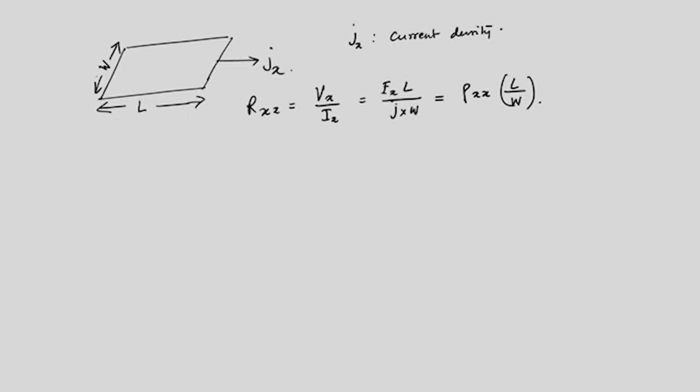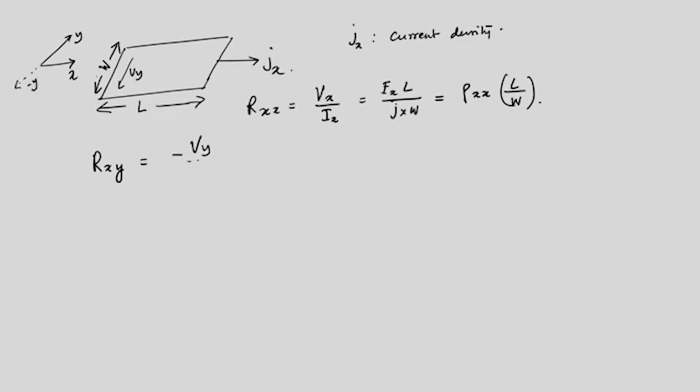Let us see for the Hall. So, the Hall resistivity says that Rxy is equal to minus Vy, because, as I have told you earlier, this is x and this is positive y. So, the Hall voltage is in this direction. That is why it is a minus Vy, because that is the minus y direction.